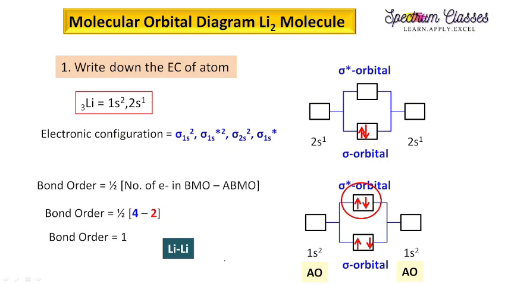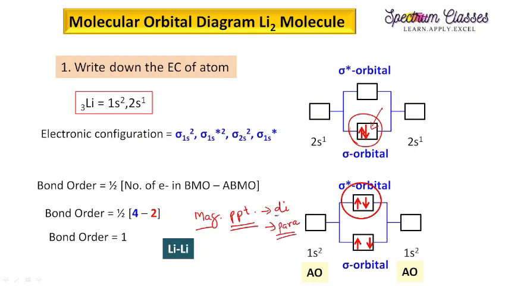Now coming to the magnetic property. What is the magnetic property? It can be interpreted by the electrons present in the molecular orbitals, the last electron filled. If they are paired, then it is diamagnetic, and if unpaired, it is paramagnetic.